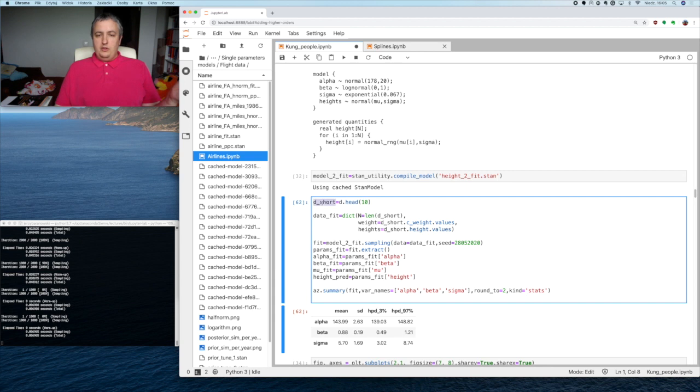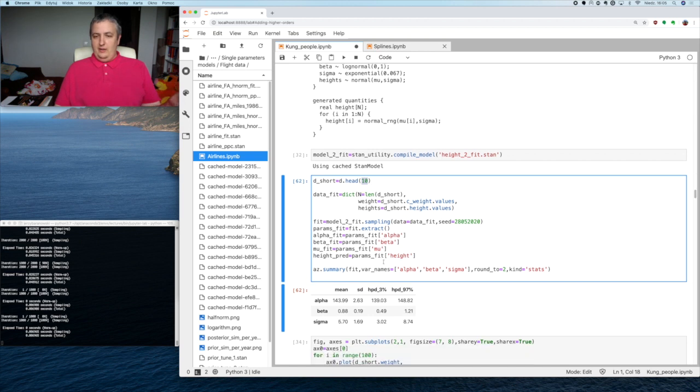So we'll be using a shortened version of our data frame with only the first 10 rows, and then we'll be adding more rows as our iterations go. Our model will consist of the number of samples, these centered weights and the heights. We will sample with it, get some parameters, get a summary. So let's start with that.